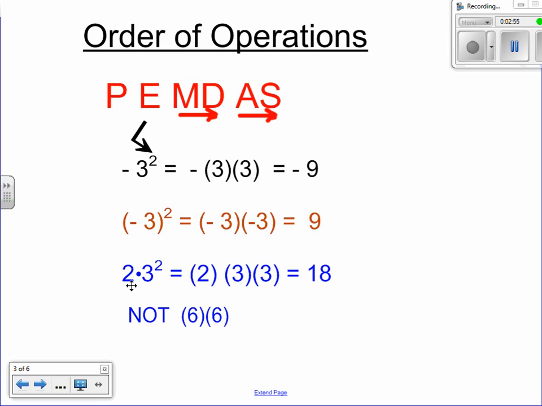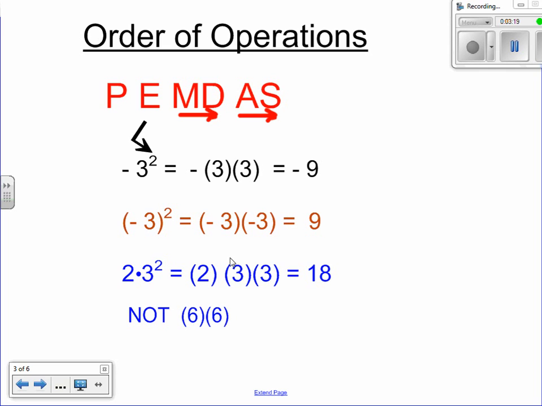If you have 2 times 3 squared, remember, that exponent of squared only applies to the 3, not to the 2. So this 2 just stays all by itself. And the 3 is squared or times itself, not times another 2. So you have 3 times 3 is 9, times 2 is 18. By the way, you can multiply in any order that you want.